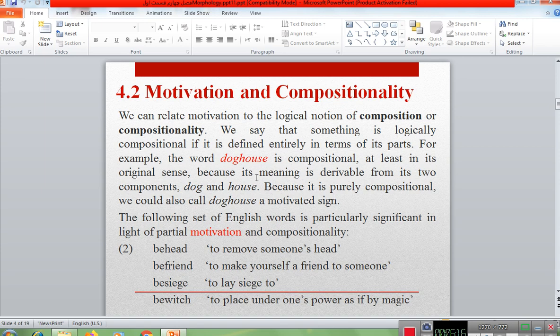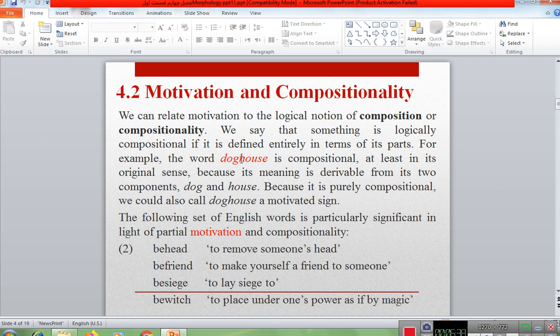As you see, there is a relationship between motivation and compositionality. When a word is compositional, we call it motivated. Although if we break it down, the sound shapes of dog and house are purely arbitrary and unmotivated.